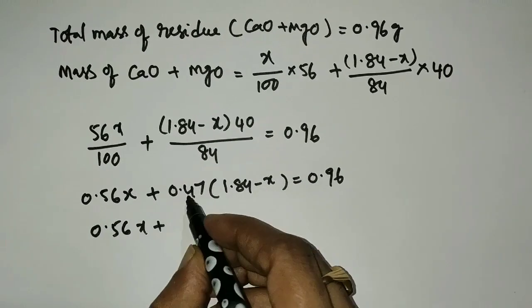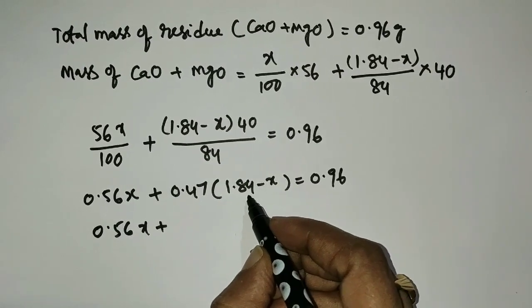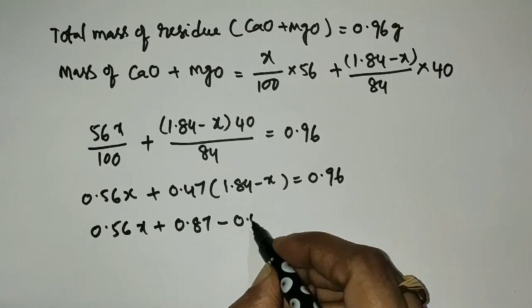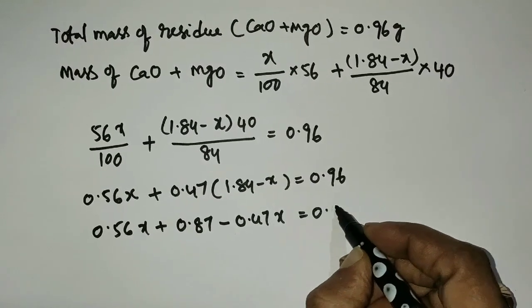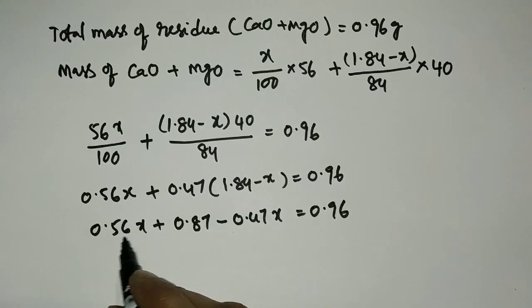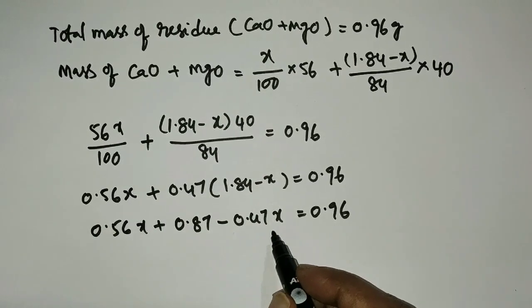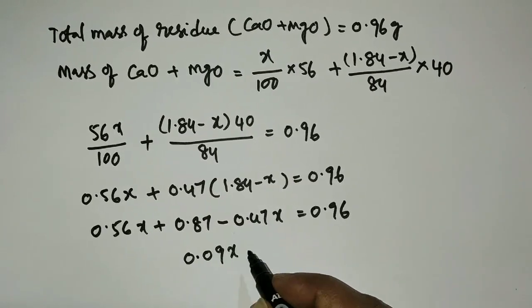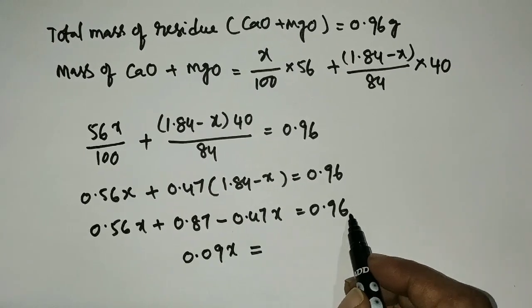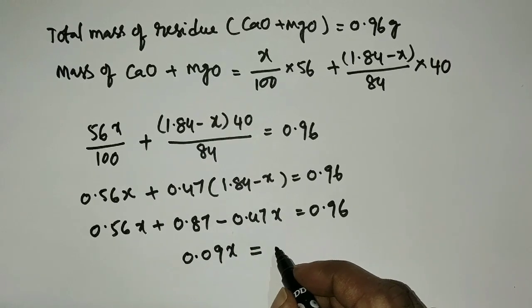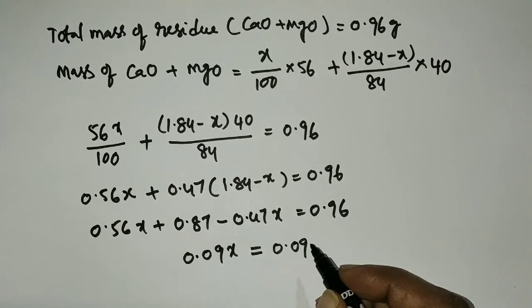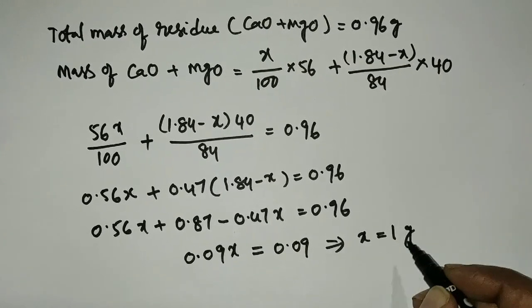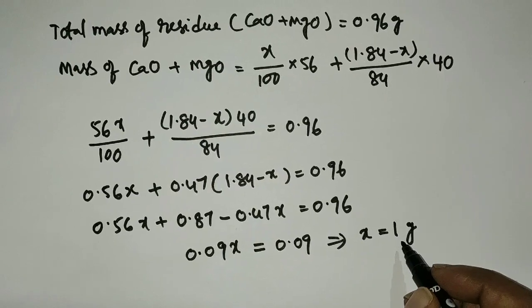When this 0.47 is multiplied with 1.84, you will get 0.87 minus 0.47x is equal to 0.96. 0.56x minus 0.47x is equal to 0.09x, which is equal to 0.96 minus 0.87, also equal to 0.09. So x is equal to 1 gram. So mass of CaCO3 is equal to 1 gram.